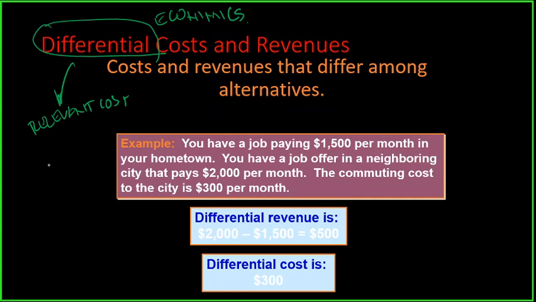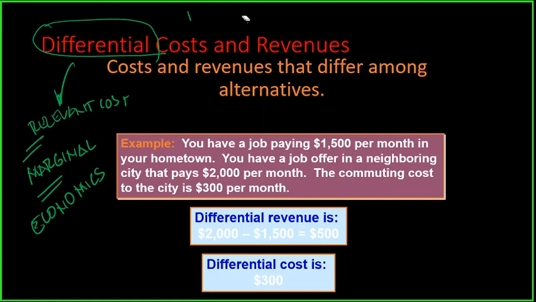In finance, there's another term for this: marginal cost. Axiom number 4: marginal cost, only what changes counts. Ah, I'm wrong. Marginal cost is for economics. In finance, they use differential. So this one is on financial management.